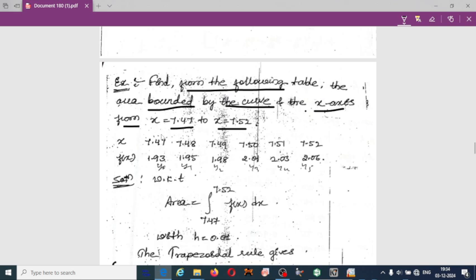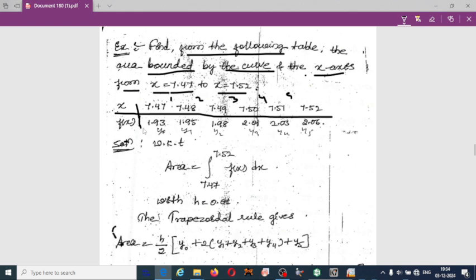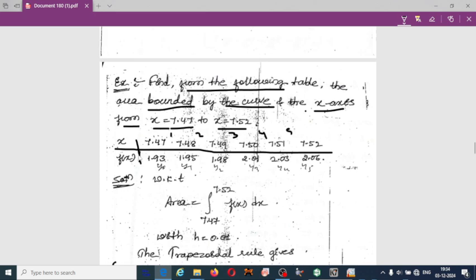Here in this question, they have given the interval x equal to 7.47 to 7.52. So you can divide it into 5 intervals here. First write down in this tabular column the x values: 7.47, and each time you can increase by 0.01, 7.48 and so on. So in total how many intervals? 1, 2, 3, 4, 5 intervals. And here y is what?